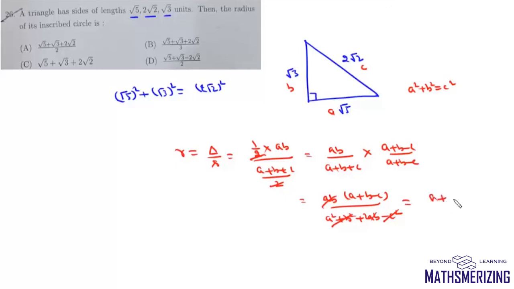So this result will be simply A plus B minus C upon 2. So the radius of the incircle of a right angle triangle will be A plus B minus C upon 2, where C is the hypotenuse. So this result will be root 3 plus root 5 minus 2 root 2 upon 2, and that's your option D.